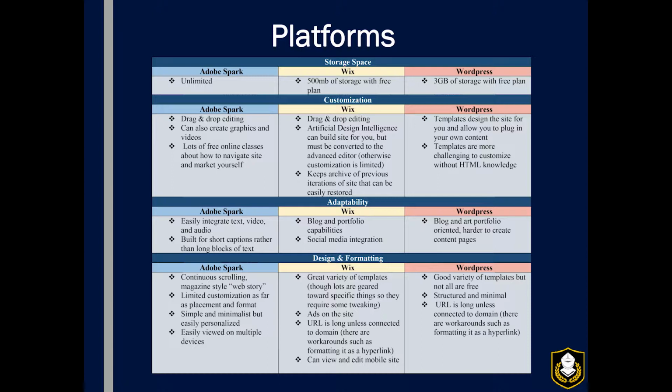Some of the options that we have for you are Adobe Spark, which is one that we're just starting to work with. We've only had one person really do an Adobe Spark platform so far, but it was really cool. The thing with Adobe Spark is that instead of having tabs, you have one scrolling page. They're really cool looking, with lots of space for pictures, and they're built for shorter, smaller reflections, which is totally fine with us.